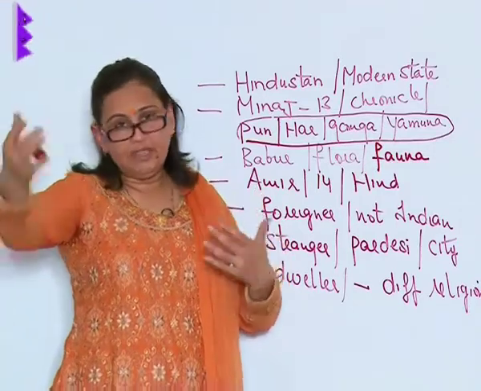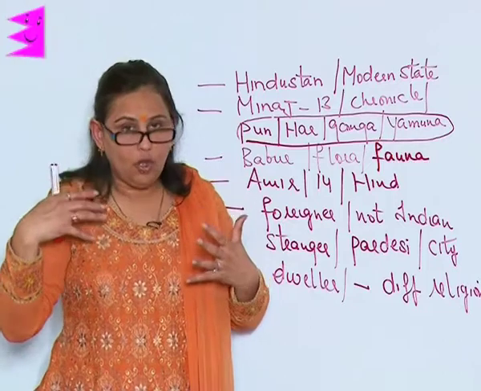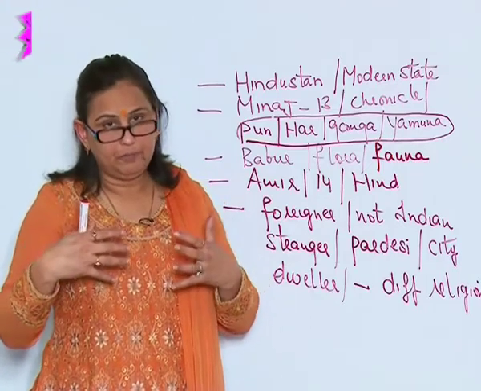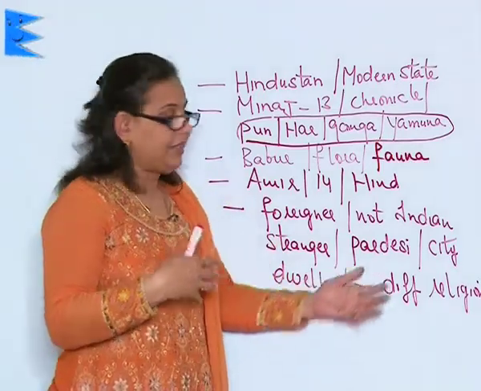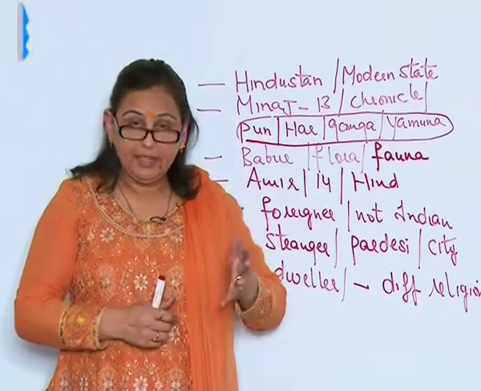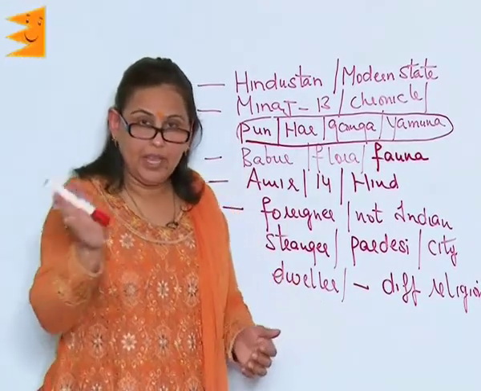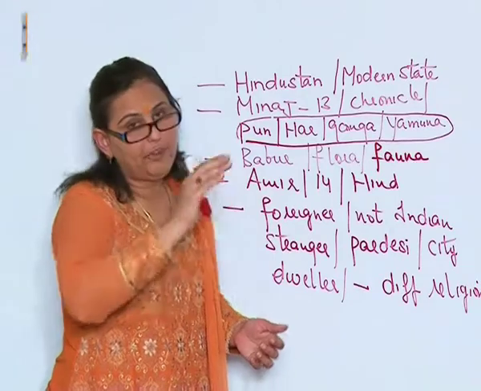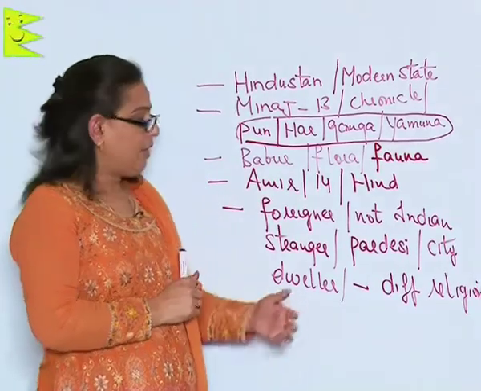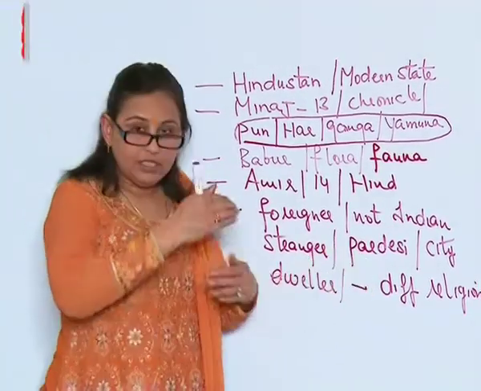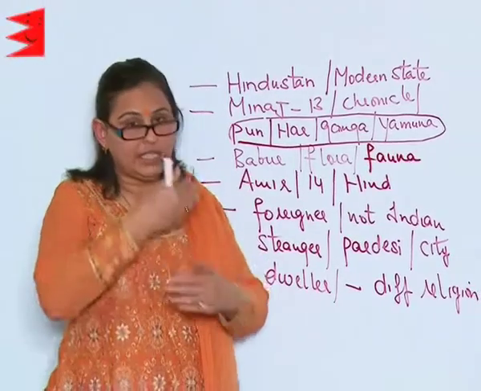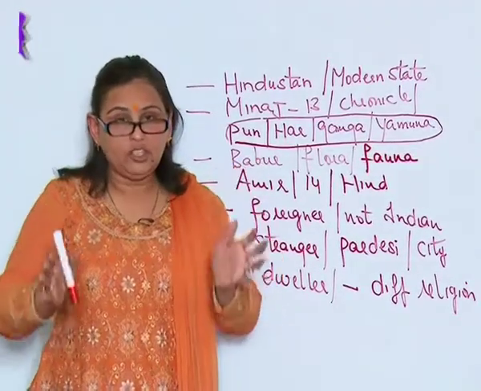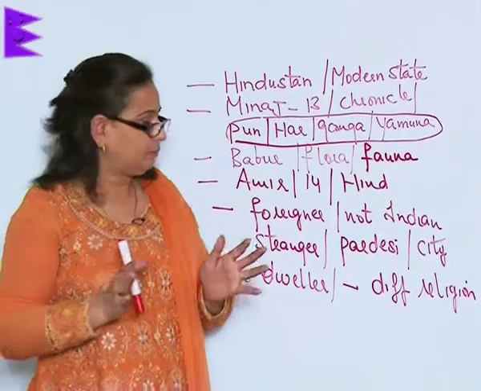Today, a person from Bombay is not a foreigner, is not a Pardesi, okay? But in that time, anyone who came from a little far off from the area where they were dwelling was a Pardesi. So this is how the terminologies keep changing with the change in time.